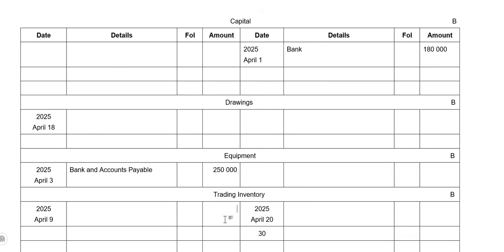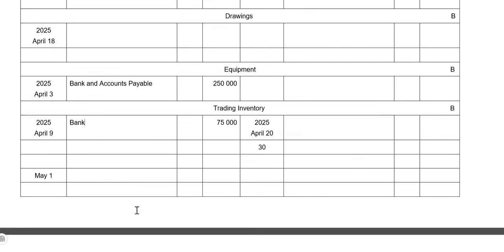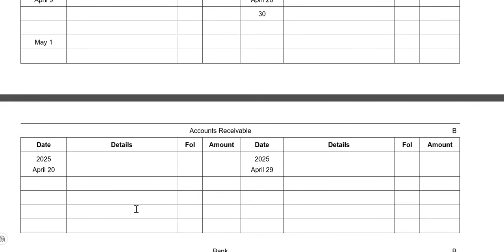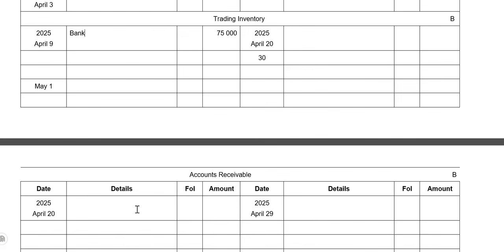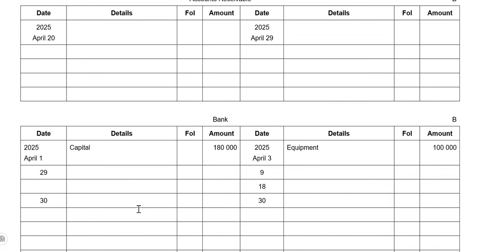So we go to whichever account comes first. Trading inventory, we bought 75,000 on the 9th of April. How did we pay for it? Cash. So the one account is bank. Debit trading inventory. Increase in assets. The value of our stock on hand is increased. Debit trading inventory. And then we go and credit, find it, the bank account.